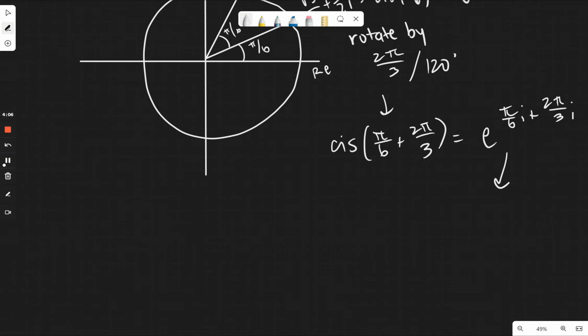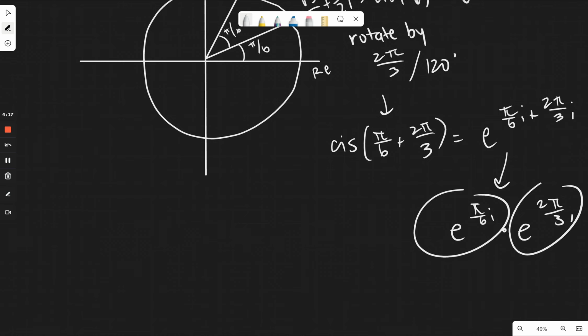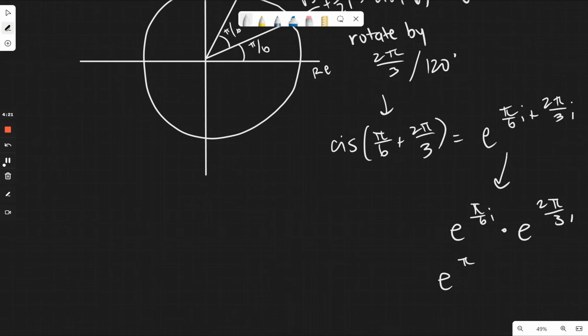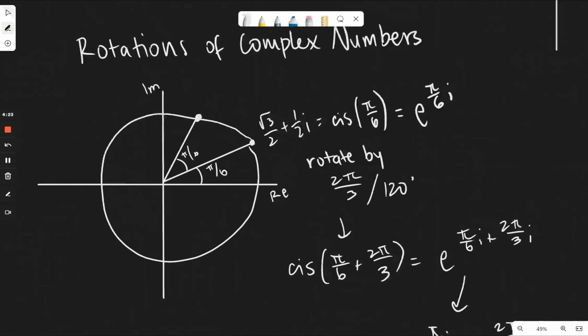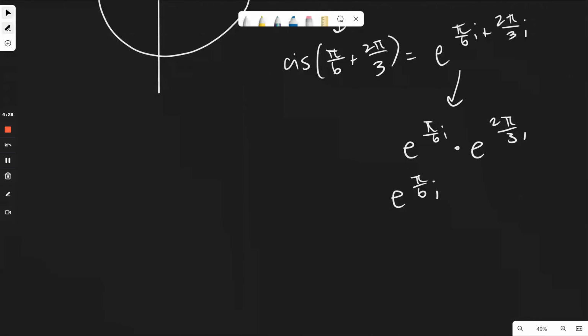Well, this is the same thing as saying e to the pi over 6 i times e to the 2 pi over 3 i, right? This is the same thing as taking our original number, square root 3 over 2 plus 1 over 2 i, and multiplying it by cis of 2 pi over 3, because that's all e to the 2 pi over 3 i is.